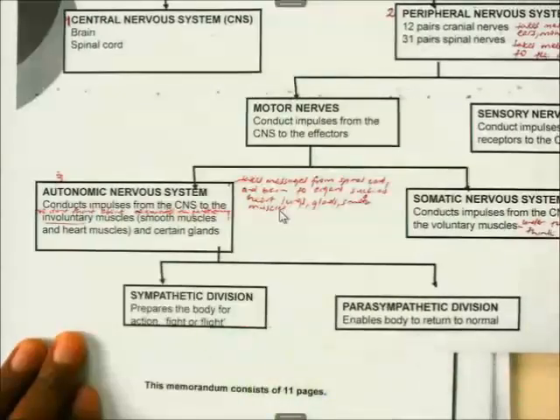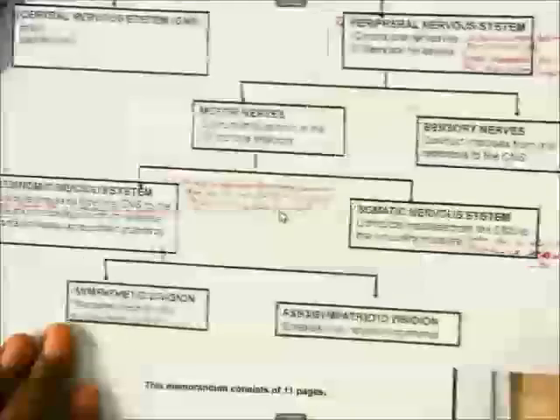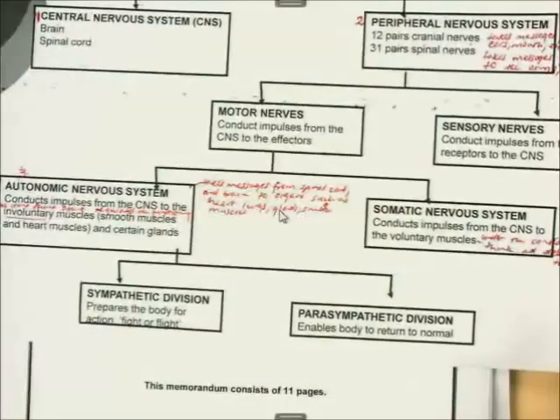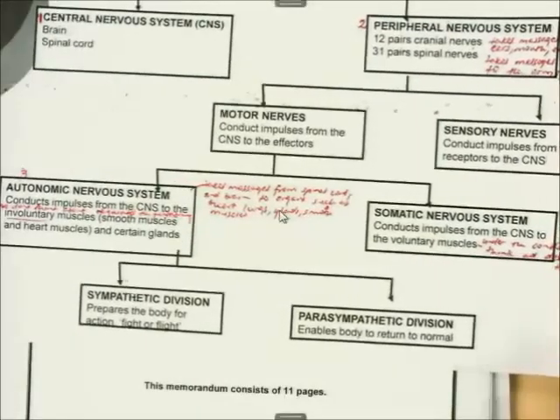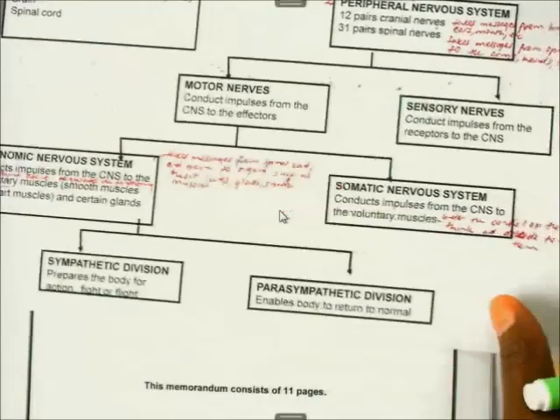The sympathetic division is a system of nerves that prepares the body for action. We normally call it fight or flight. And then the parasympathetic division is a system that enables your body to return to normal after it has been stimulated by the action of the sympathetic division.